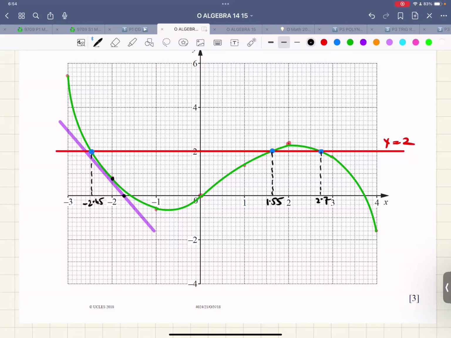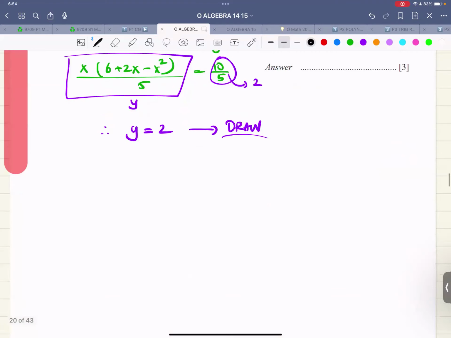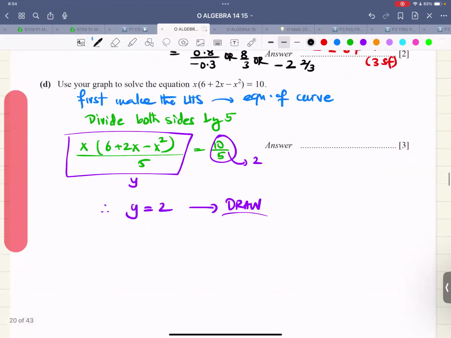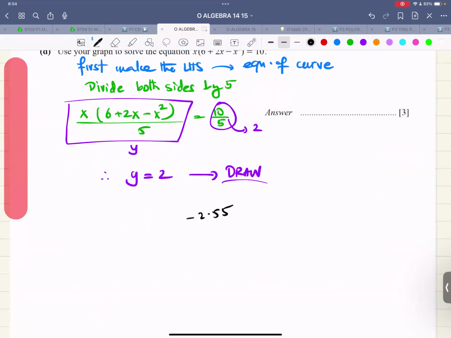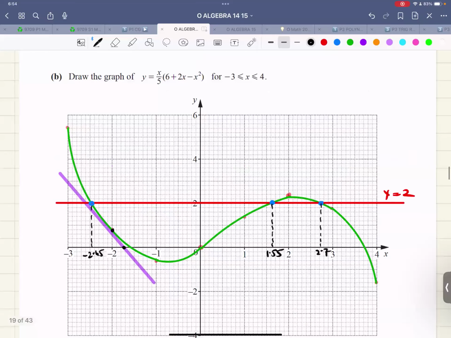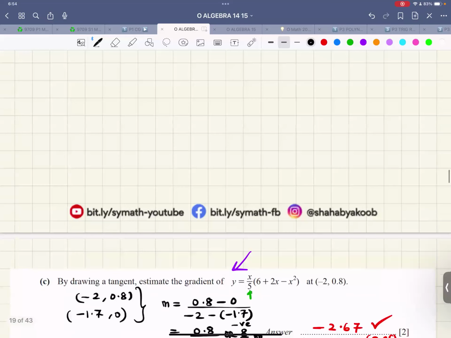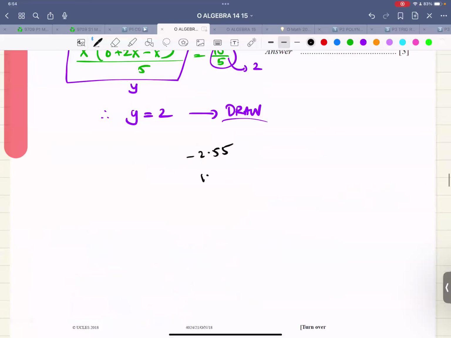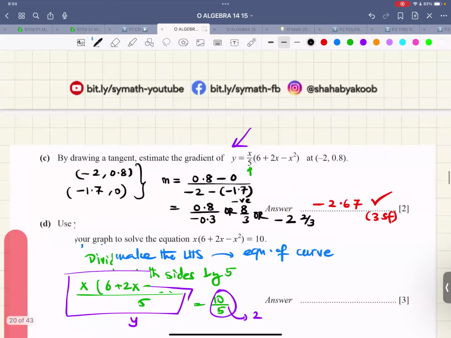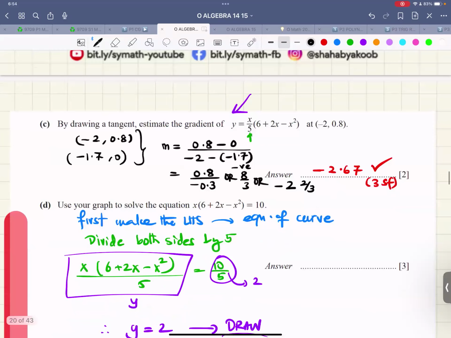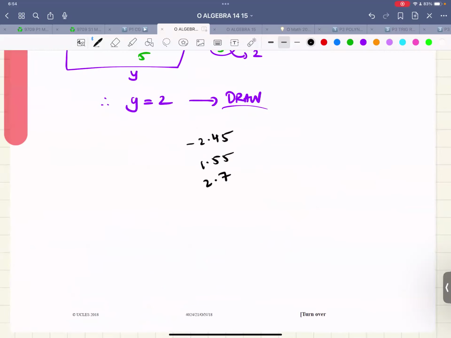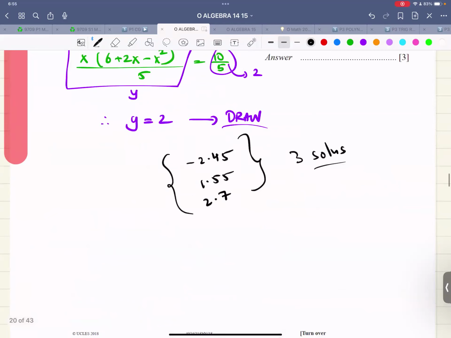So negative 2.45, 1.55, 2.7. Let me just correct this one. And the third one is 2.7. So these are the three solutions of this equation.